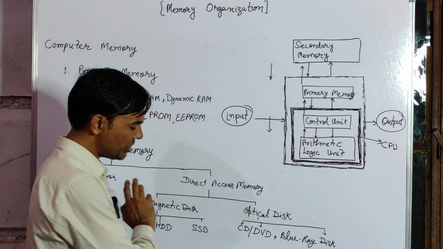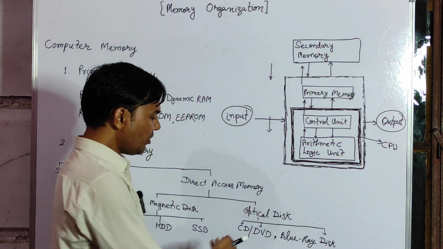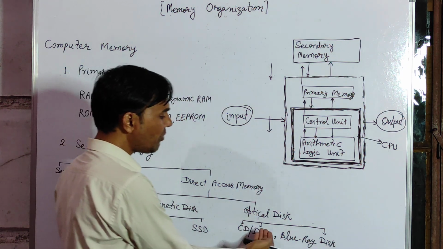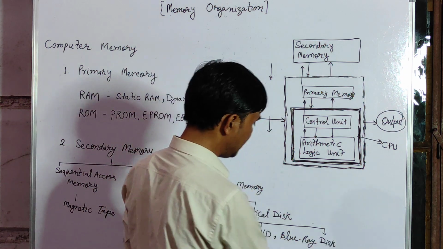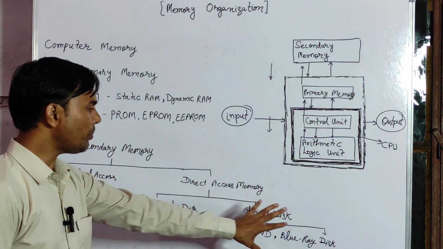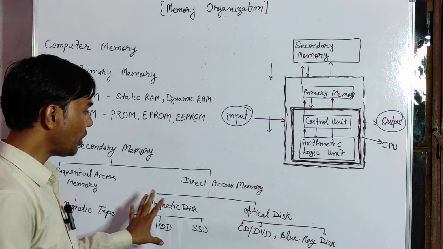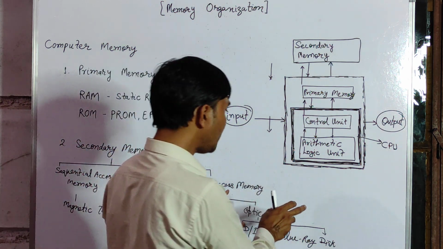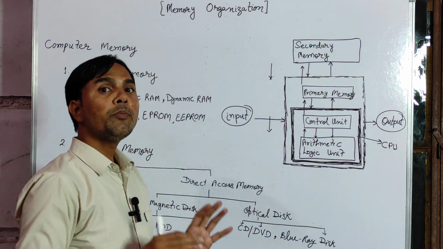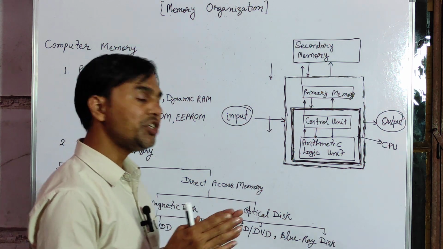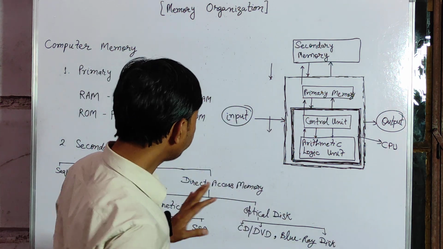This is the new technology. In optical disk, we have the compact disk, the digital versatile disk, and the Blu-ray disk. These are different technologies, but both of them provide permanent storage facility in the computer memory.